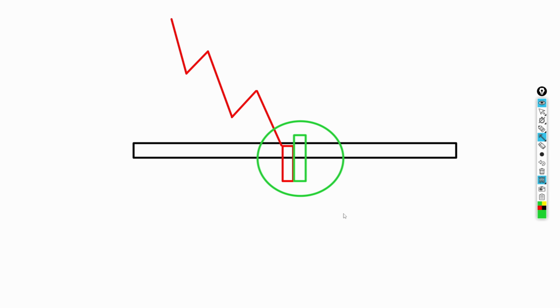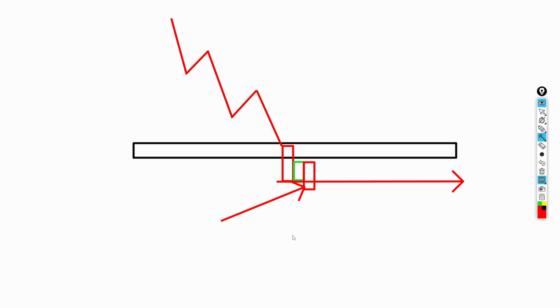If you didn't find this pattern formation, you find a pattern like this, and you see that the price is now moving down, you then will take this recent support level and look for a breakout trade here. That is it. These are very simple strategies.